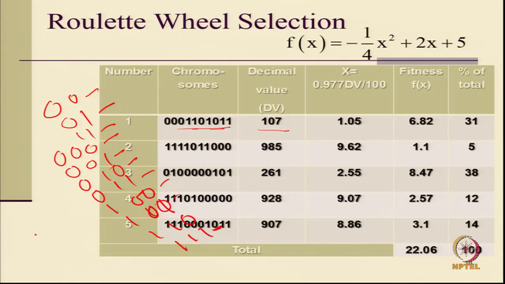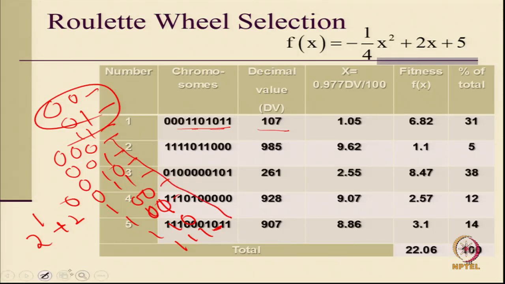So, how do you represent it? If it is only 2 digits, it will be 2 to the power 1 plus 2 to the power 0. If it is 3 digits, 2 to the power 2 plus 2 to the power 1, and so on.